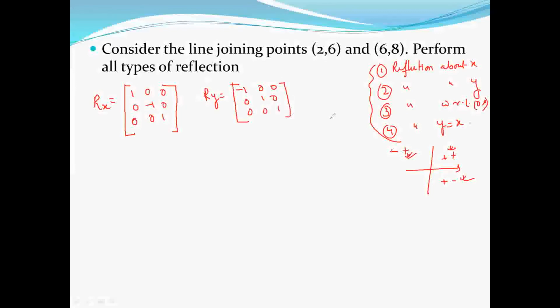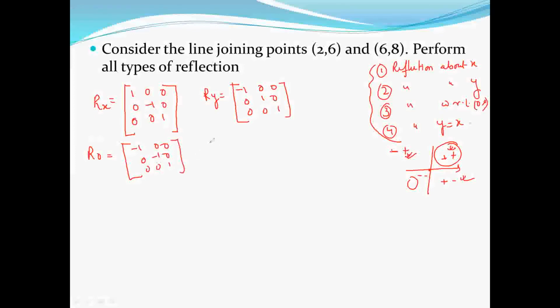Now reflection with respect to origin, that means this point. If your point is over here, it will be reflected over here. So the reflection matrix with respect to origin will be, since everything is minus in this coordinate, minus 1 0 0, 0 minus 1 0, and 0 0 1.